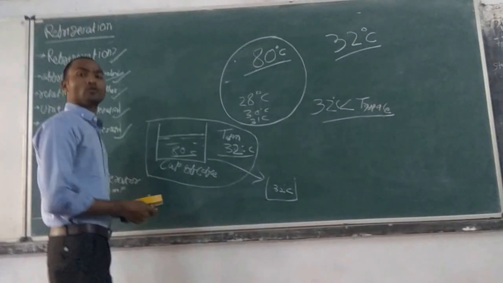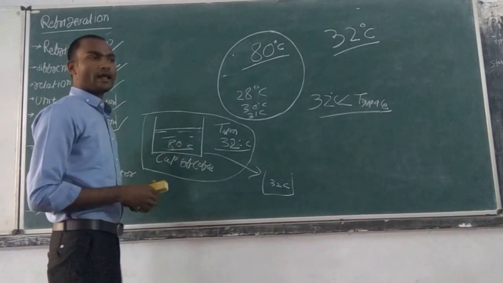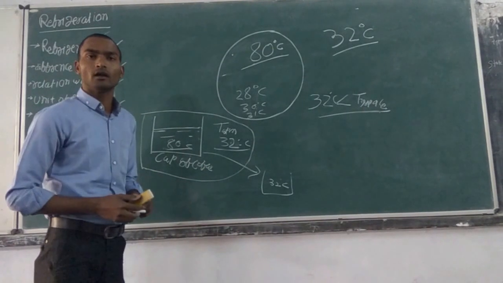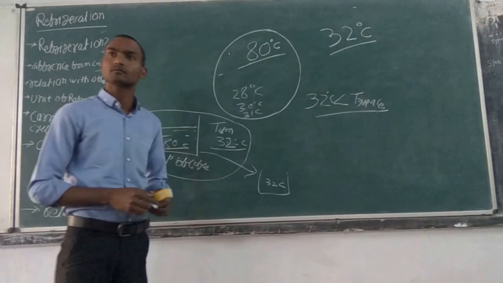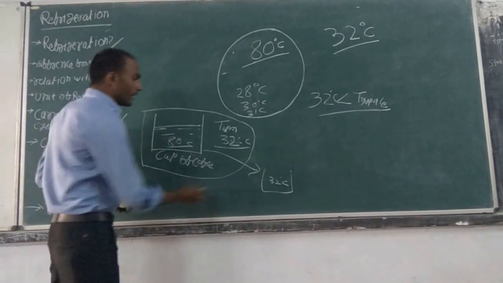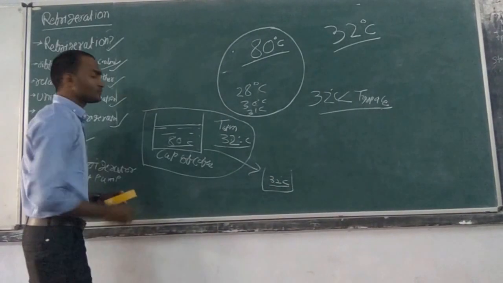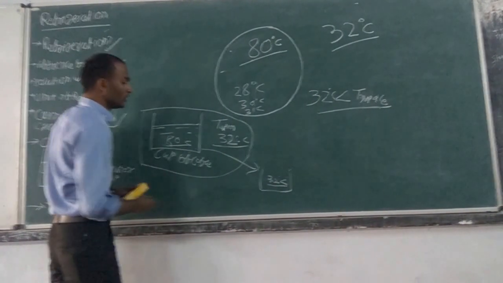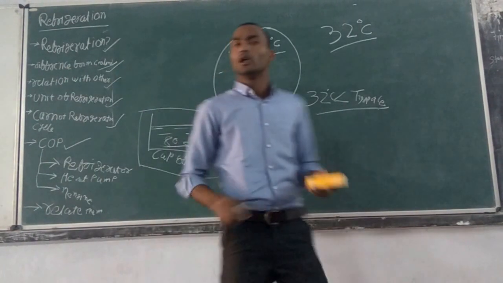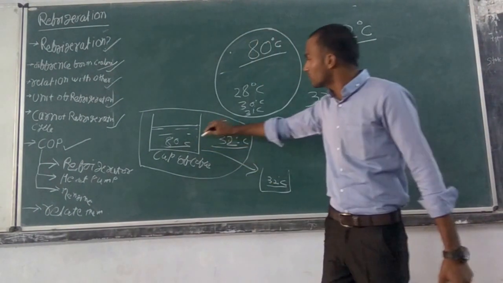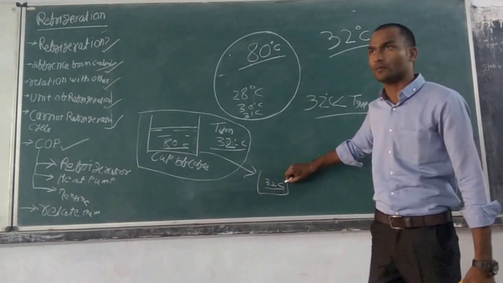This is where the zeroth law of thermodynamics occurs: a body at any temperature, if put in the atmosphere, will go to 32 degrees centigrade, and so this cooling process occurs. So the cooling process is only heat transfer from a higher temperature body to a cooler temperature body.